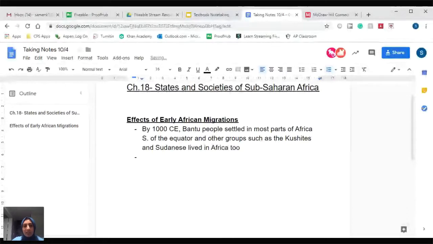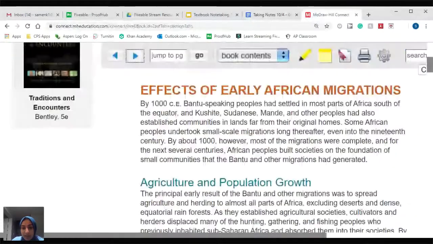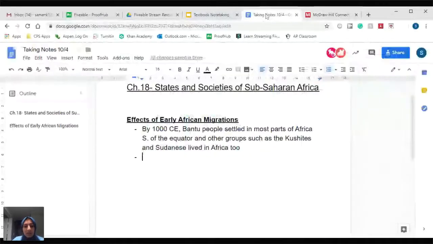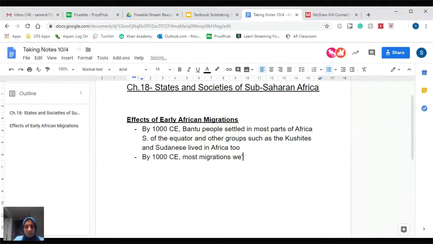And then I'm going to sum probably this part right here, because I think this is really important to know that by 1000 CE, most migrations were complete. So I'll probably just say by 1000 CE, most migrations were complete.